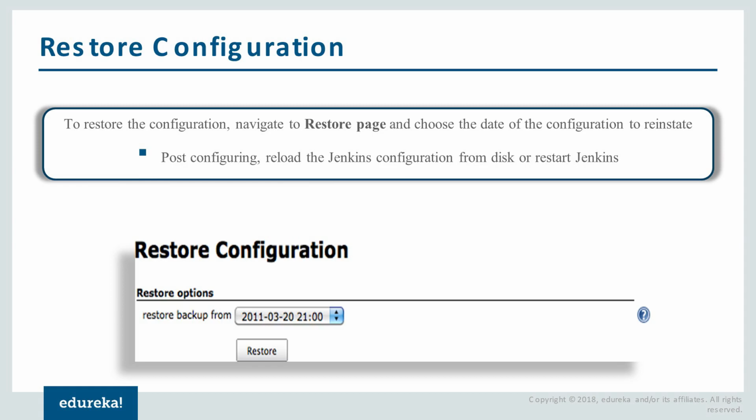And once you have done the backup, restoration is also equally easy. It will show you in the form of a dropdown, and you just need to go to the restore page and choose the date of the configuration to reinstate. Post configuring, reload the Jenkins configuration from disk, or simply restart Jenkins. That's all you need to do.